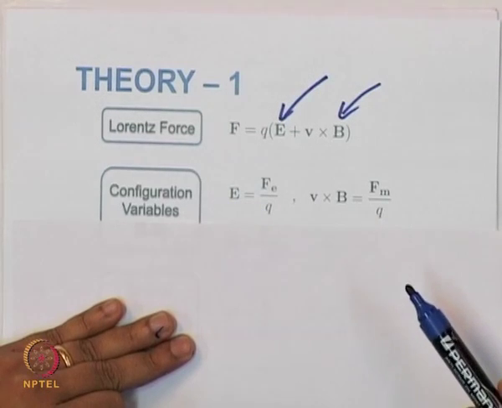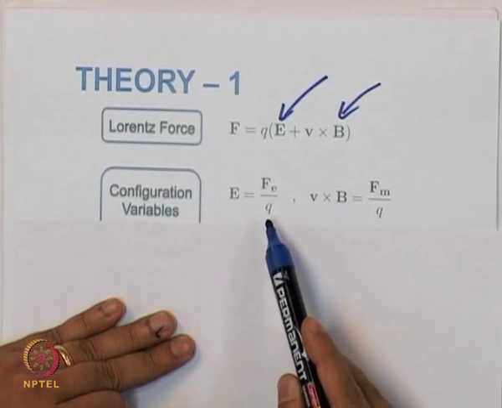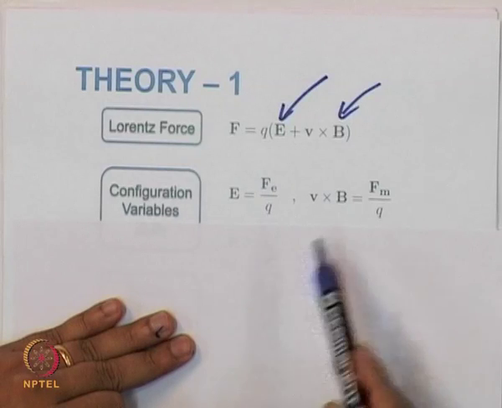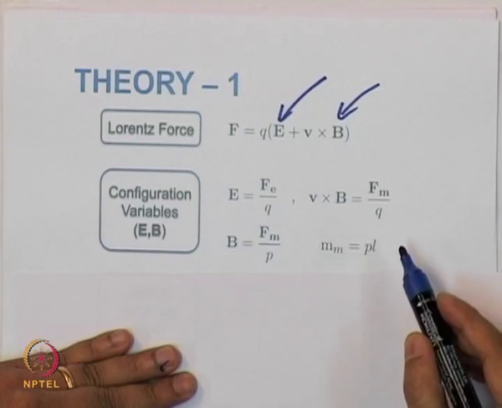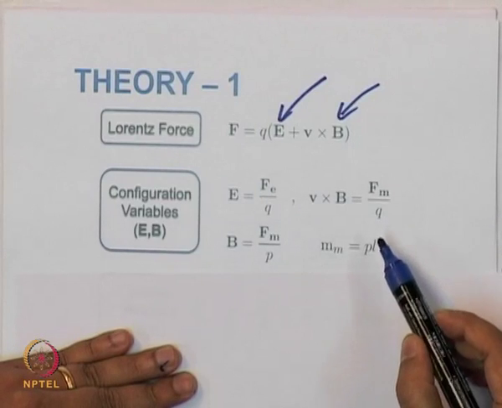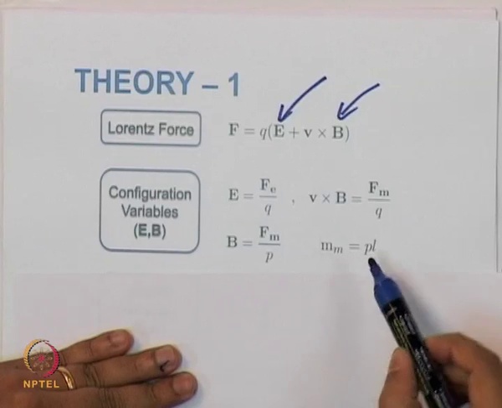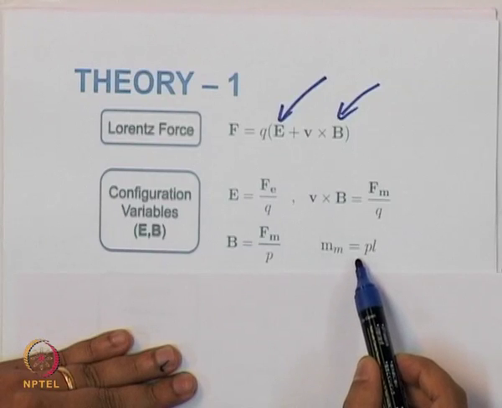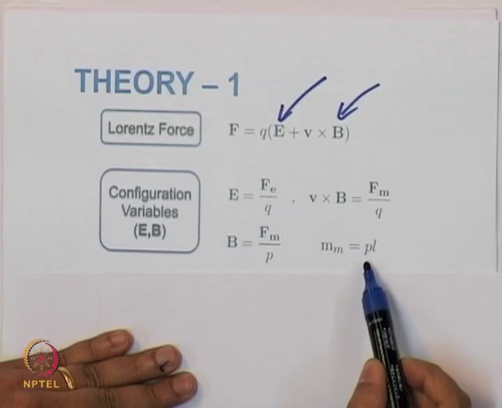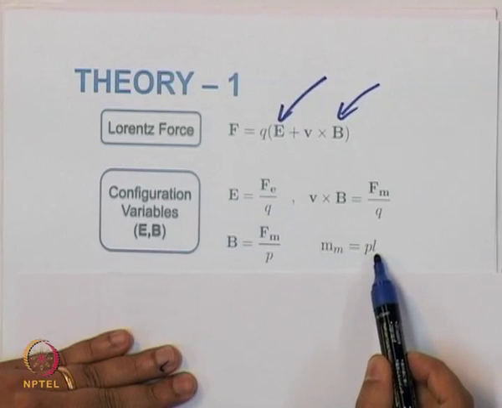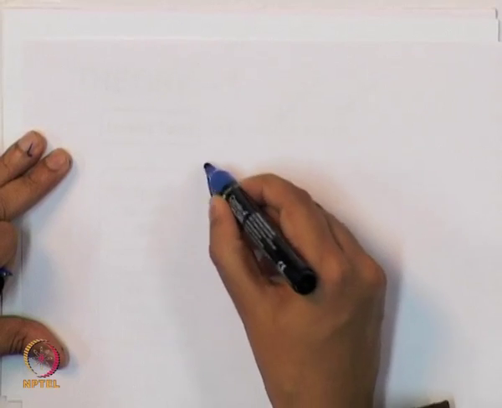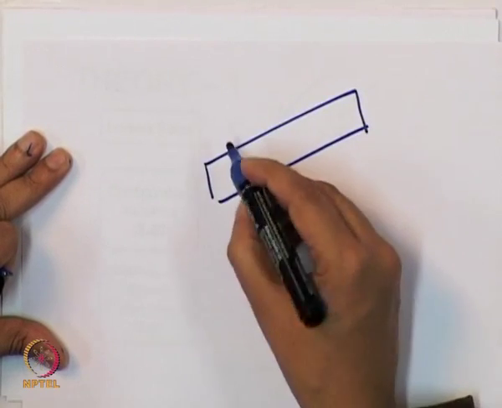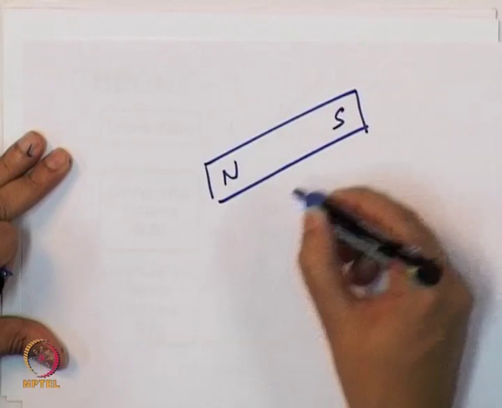We call them configuration variables because they are related to the charges. In other words, take a term called magnetic moment. The magnetic moment is given by the product of pole strength and the distance of separation between the poles. Let me explain this further. Assume that we have a magnet with a north pole and a south pole.